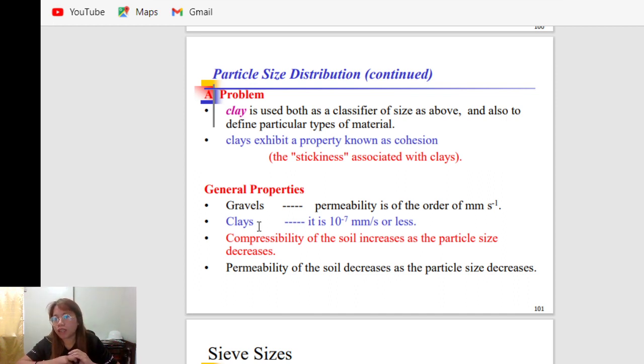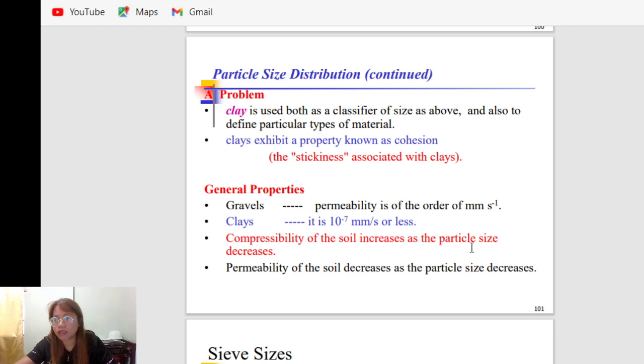Its permeability is 10 to the power of -7 millimeter per second or less. So water does not pass easily through clay, that is why the value has a negative power.